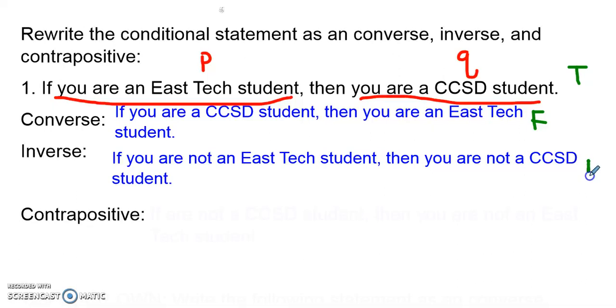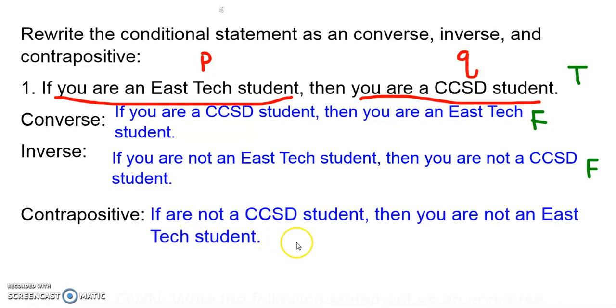Yes, that example I gave about Desert Pines works to prove that this statement is false as well. And then our contrapositive, where we combine them both, is if you are not a CCSD student, then you are not an East Tech student. So this would be true. If you're not a CCSD student, it's not possible for you to go to East Tech because East Tech is in CCSD.